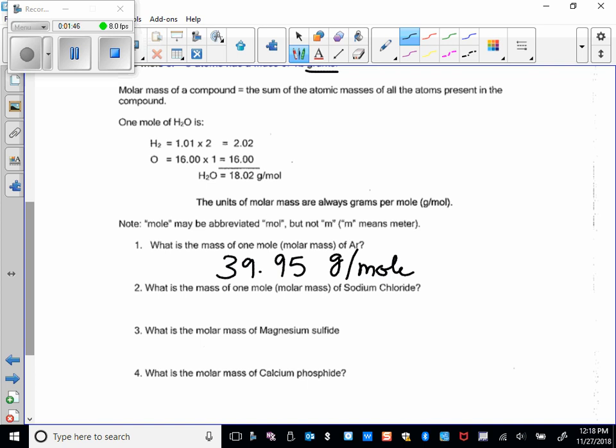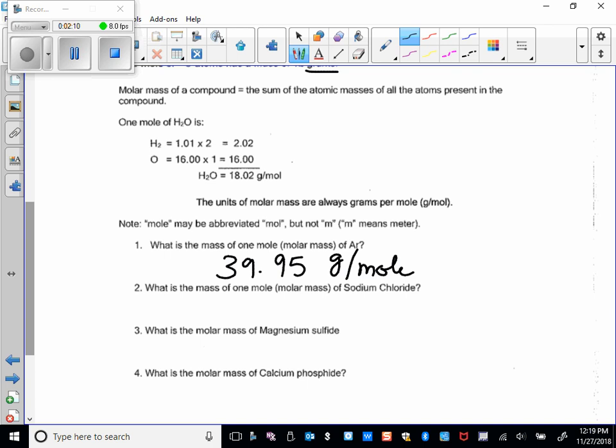Do we understand this? This is the molar mass of an element off of the periodic table. 2 numbers past the decimal. We will round if it is necessary. Did we locate argon? 18, atomic number 18. Did we locate it? All right.